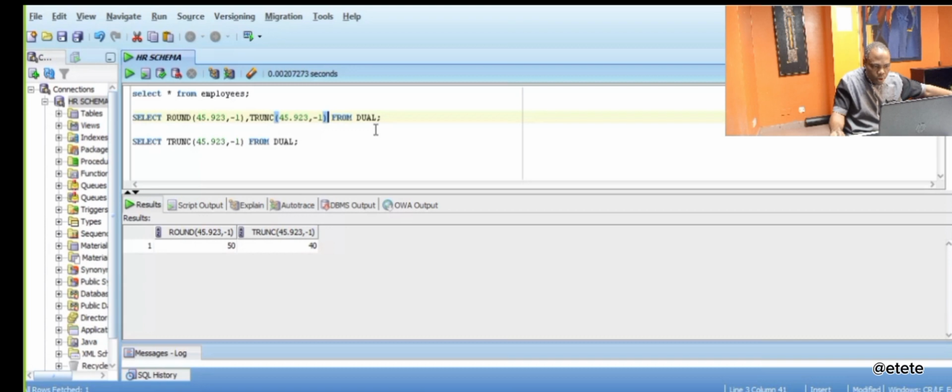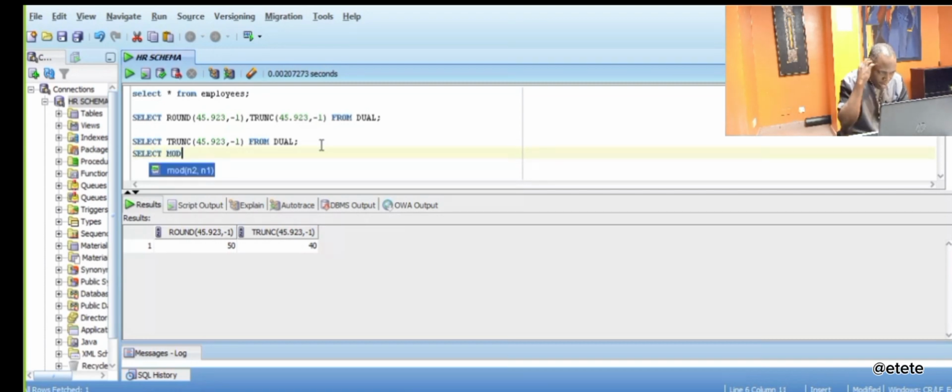Then you look at the mod. I'm going to just say select mod. So you are calling a function. You see, at the moment I type it, it's expecting 2 arguments, n2, n1. It didn't say n1, n2, meaning you are using n2, you are dividing n2 by n1. That's why it's positioning them that way.